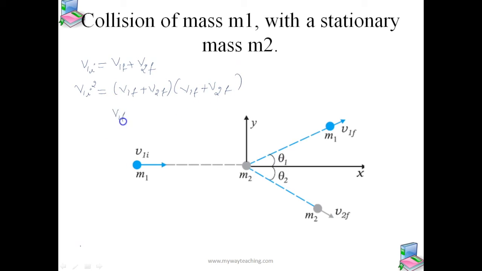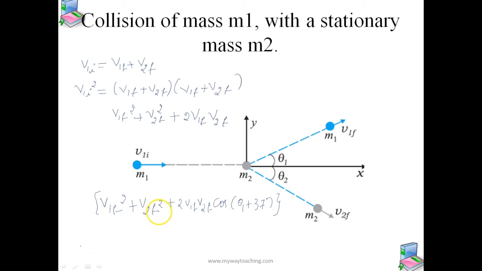So we can write it as v1f square plus v2f square plus 2 v1f v2f. Since he wanted to sink the target ball in the corner pocket which is at an angle of theta 2 equal to 37 degree, we can write it as v1f square plus v2f square plus 2 v1f v2f cos (theta 1 plus 37 degree).